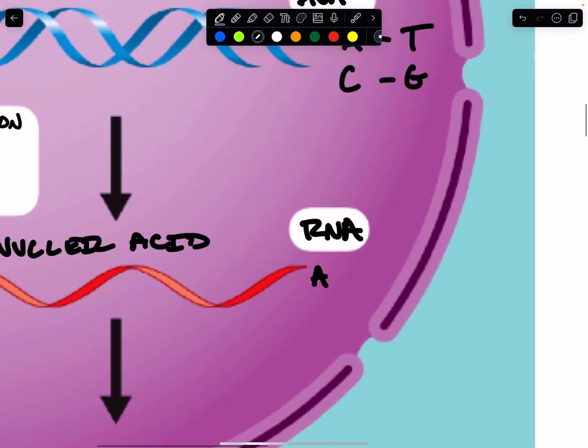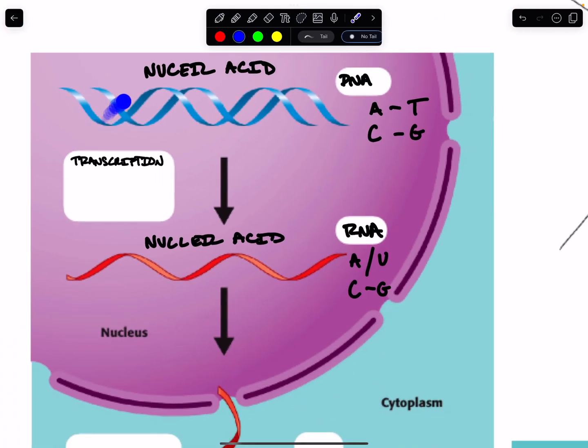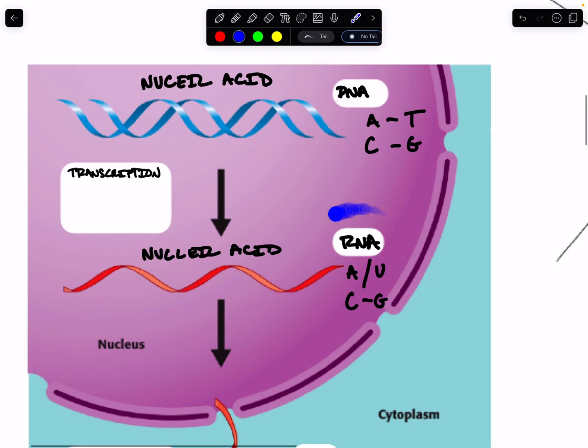It has A, U, C, and G. The way that the DNA is copied and turned into RNA is that these two strands split apart, and we use this complementary base pairing with, in this case, A to U, and then T to A, C to G, and G to C, to build an RNA from the DNA template.